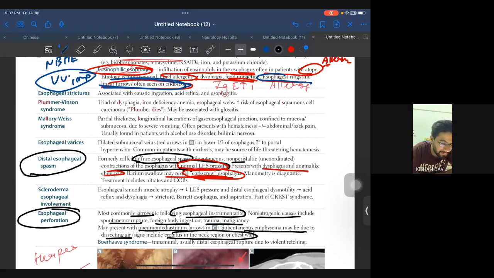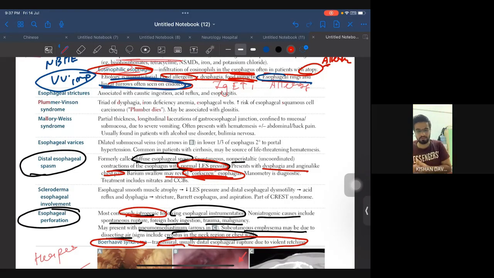The syndrome we'll be discussing here is Boerhaave syndrome: transmural, usually distal esophageal rupture due to violent retching, either violent vomiting or iatrogenic causes. Boerhaave syndrome is very important. Just remember that it is an esophageal perforation. That's it, nothing else.